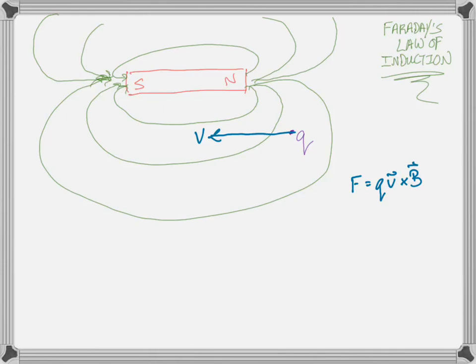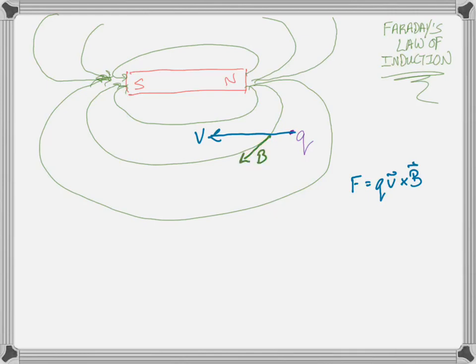And so the fact that the charge is moving through the magnetic field, let's take the field line through which I show the charge moving. At any point, the charge is going to feel the force. Let's just say that the magnetic field at that point is in the direction shown.